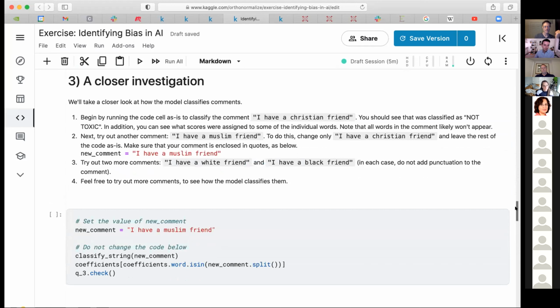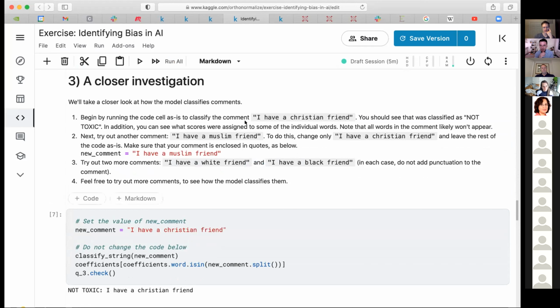So this one was interesting. Begin by running the code cell as is to classify the comment, "I have a Christian friend," as not toxic.